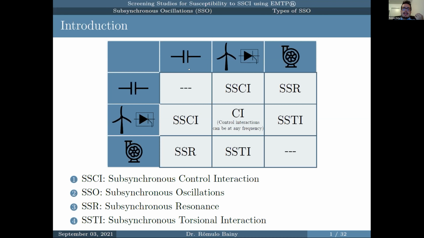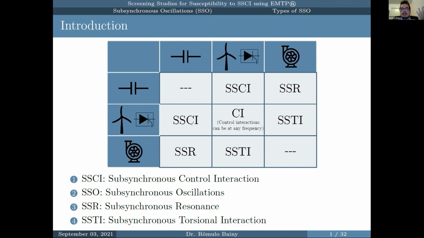And here in this table, we can see the interactions that may happen when we have these devices connected in the same grid. So, for example, if we have series capacitors and these power electronic devices, in this case, we are focusing on the type 3 wind turbine, we may face some subsynchronous control interactions.